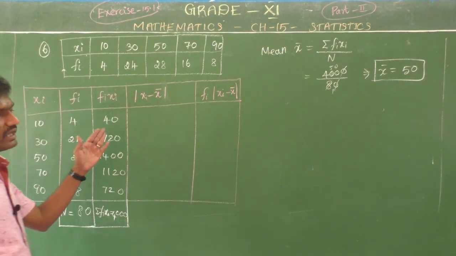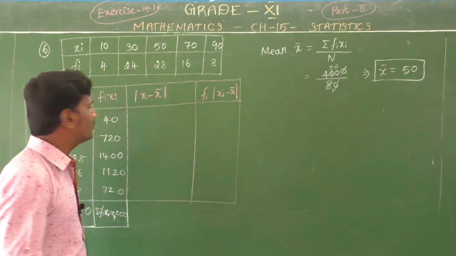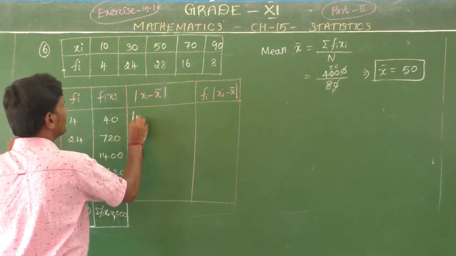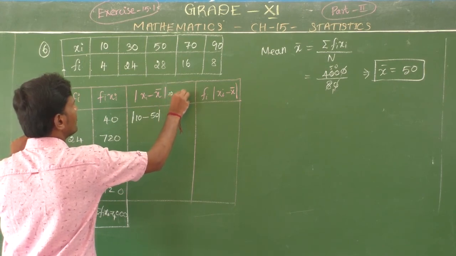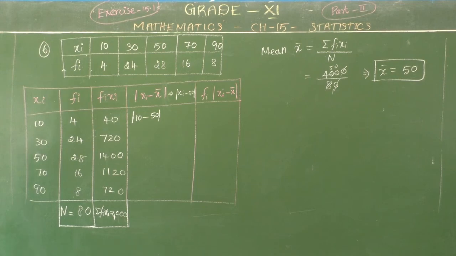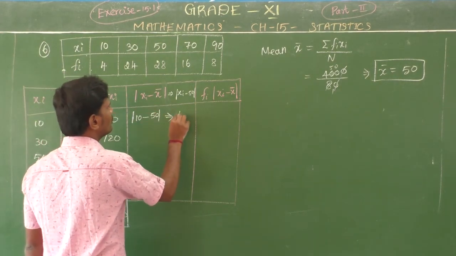Now I am going to find the absolute value. Absolute value means modulus of xi minus x bar. Now listen, xi you have 10 now, so modulus of 10 minus 50. 10 minus 50 is minus 40, so to remove the negative we get 40.